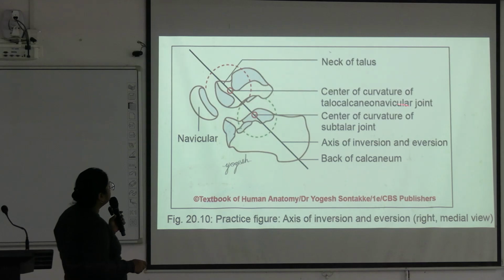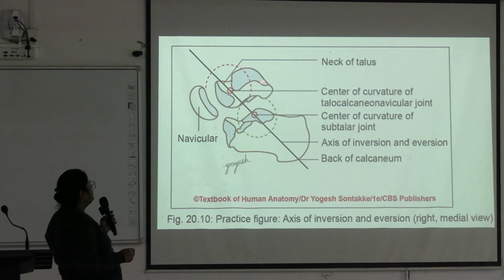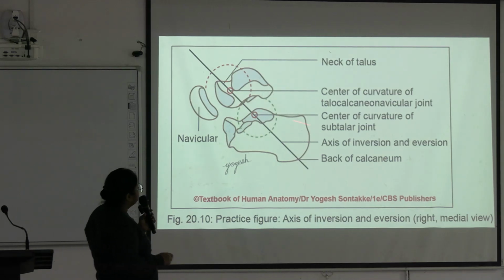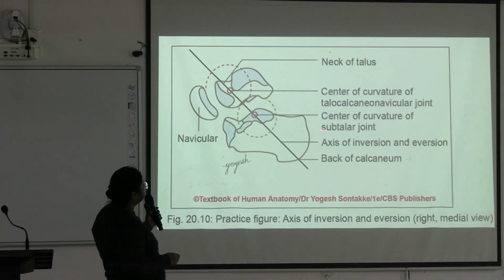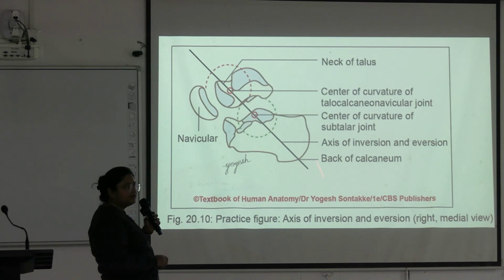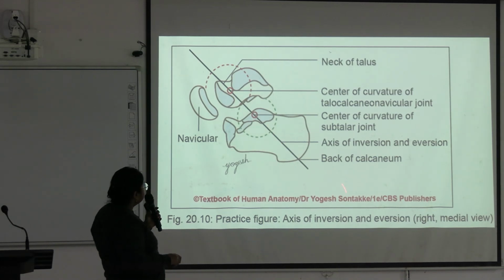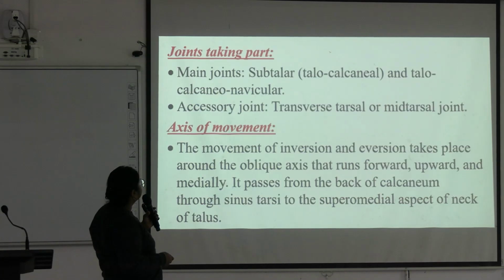The axis is passing through the center of curvature of the talocalcaneonavicular joint, this one, and another point passing through the center of curvature of the subtalar joint. Okay, and the axis is an oblique axis. The axis is passing through the heel and through the neck of the talus, and also through the sinus tarsi. Okay, here is the sinus tarsi.